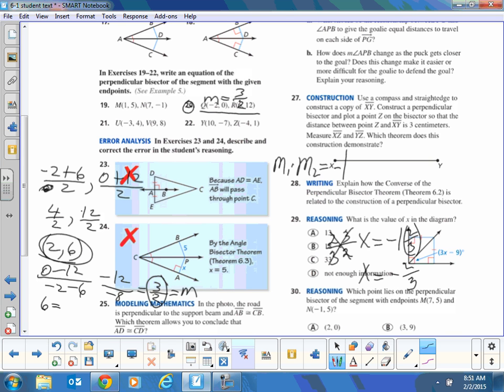So my slope is going to be negative 2/3. Don't forget to find the perpendicular one. If you don't find the perpendicular one, you're going to find the same line that it lies on.